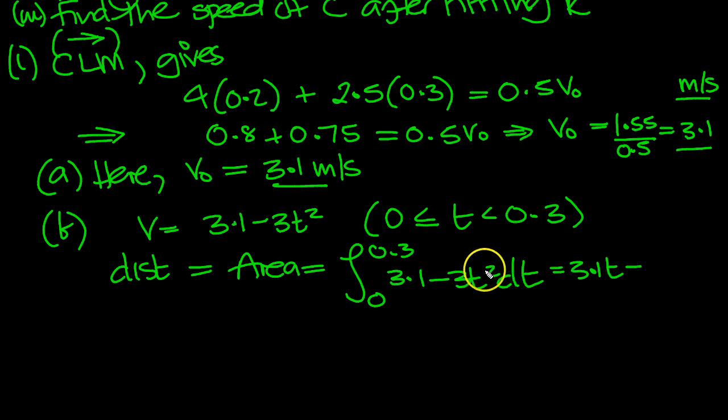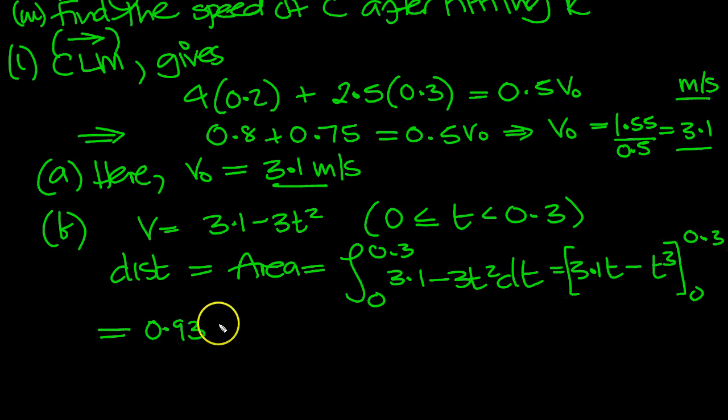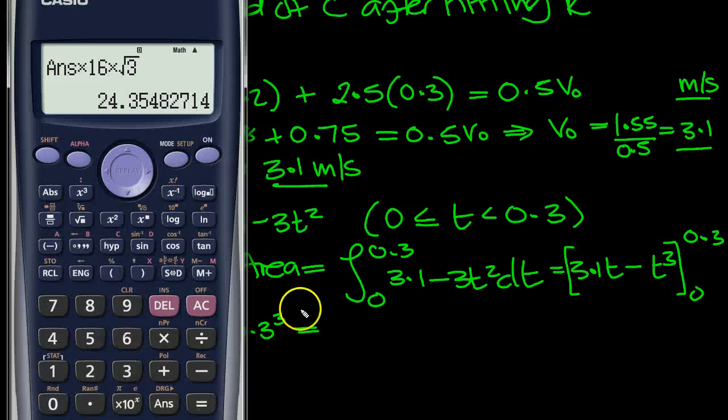3.1t minus t cubed, the 3's will cancel, we'll just have t cubed, between 0 and 0.3. Then put 0.3 in here. 3.1 times 0.3 is 0.93, tap that in the calculator if you need to, minus 0.3 cubed, minus the 0 values which aren't included, which are 0.